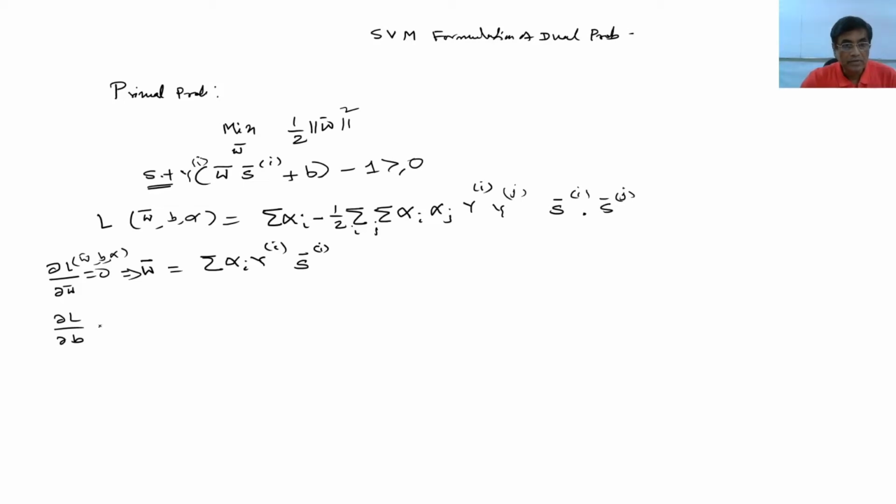When we did this, we got one very important relation equal to 0. It is telling that with all the labels, the summation of the Lagrangian multipliers times the labels will be 0.